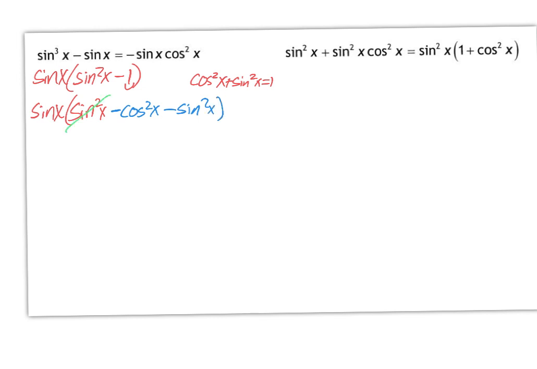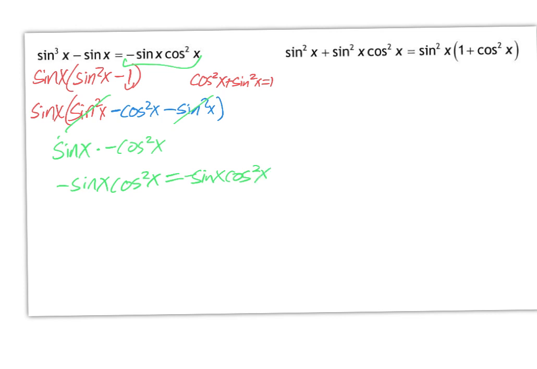That gives me sine squared minus sine squared. We have sine x times negative cosine squared of x, which is the same thing as this if I move that negative out front. So negative sine x cosine squared x is equal to negative sine x cosine squared x.